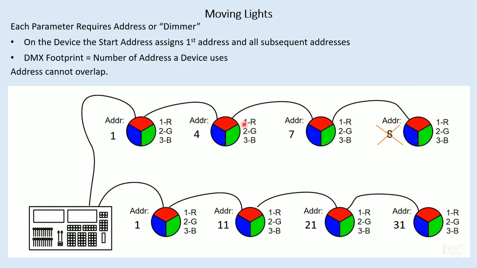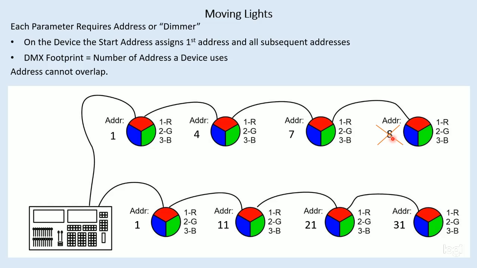Which means that the red is going to respond to address 4, the green to address 5, and the blue to address 6. And now we daisy chain to our next one, and we set its start address at 7. So 7 for red, 8 for green, 9 for blue.